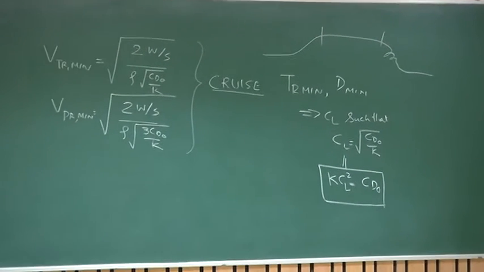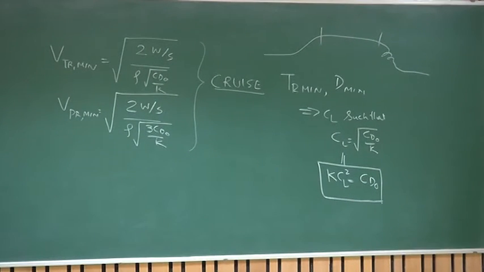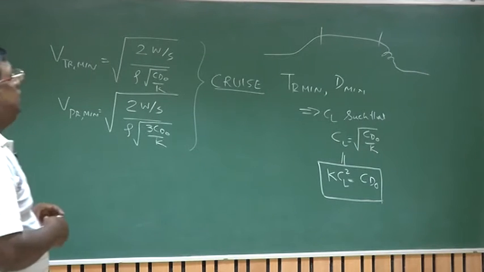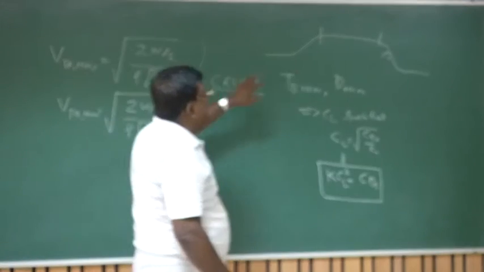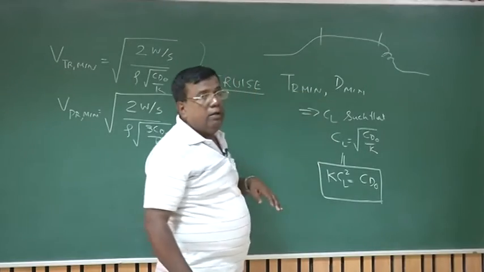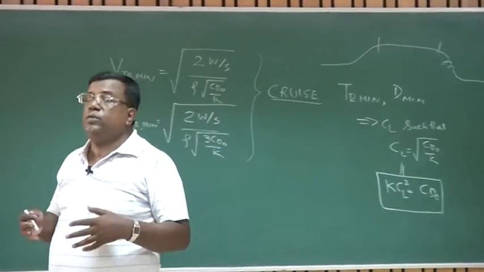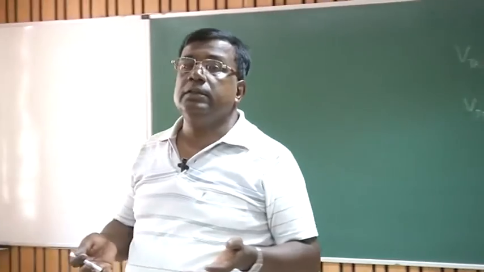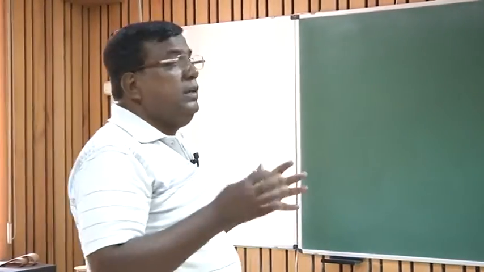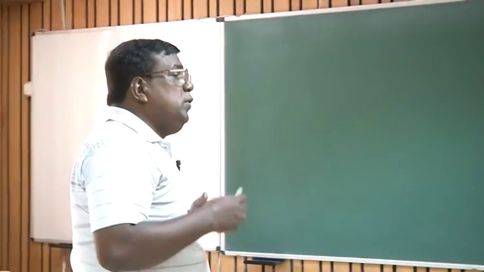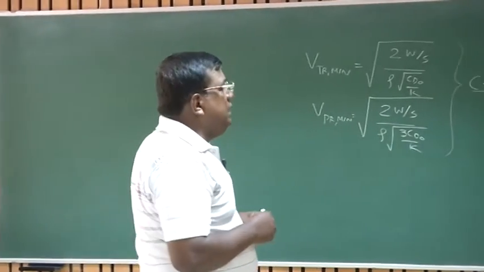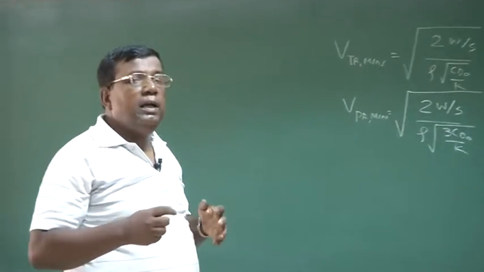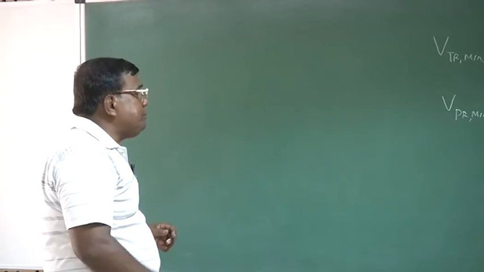What is the primary role of this machine? If it is a cruise or transport airplane, he may give more weightage here. If it is a fighter airplane, he may give more weightage towards maneuver or takeoff distance or landing distance. So all these things will come, but before we educate ourselves to take a decision on this, we are trying to build the basic understanding, right?